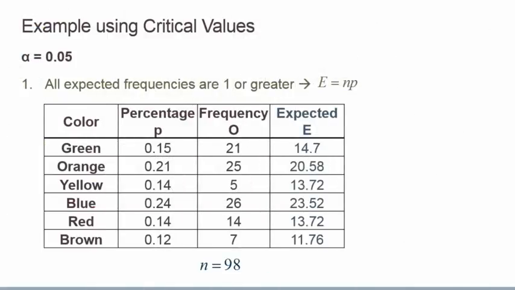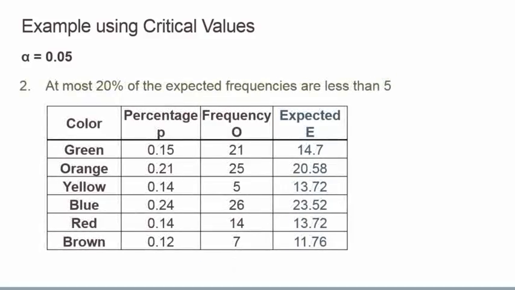The expected frequency for green is 14.7, orange 20.58, yellow 13.72, blue 23.52, red 13.72, brown 11.76. All of these numbers are 1 or greater, so yes, we meet the first assumption.